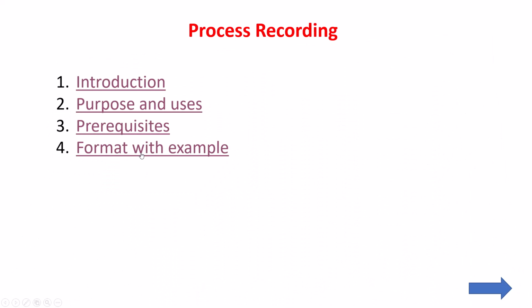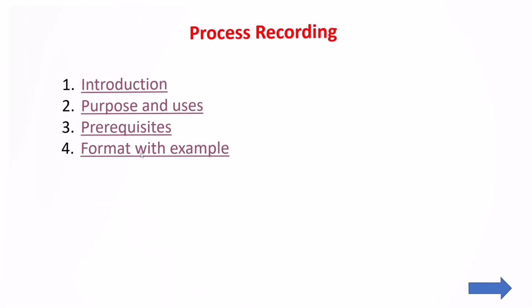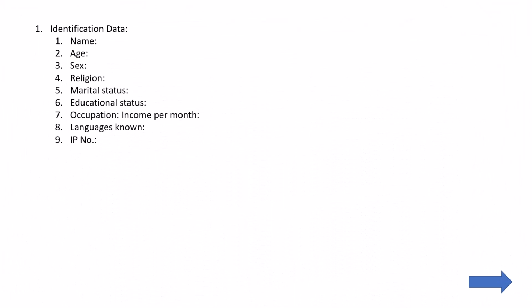So next is format. With an example we can see. In the format, the first important thing, after receiving the patient in the physical setting, where the nurse is going to conduct the process recording, is to write the name, age, sex, religion, marital status, emotional status, occupation, language, IP number, ward, diagnosis, address, and date of admission.